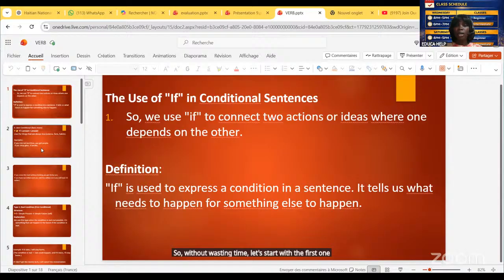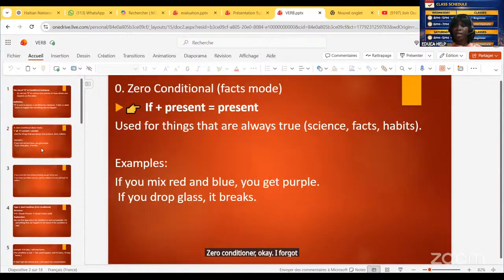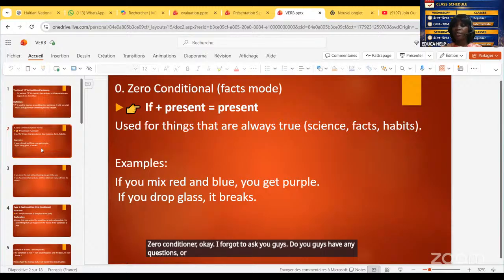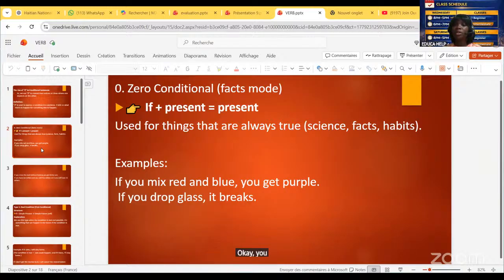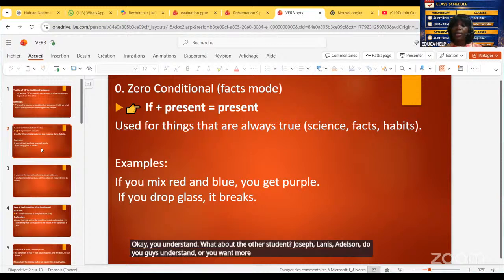Zero conditional. Okay, I forgot to ask you guys: do you have any questions, or do you understand everything that I just said? Okay, you understand. What about the other students? Joseph, Lanise, Adelson, do you understand or do you want more explanation?